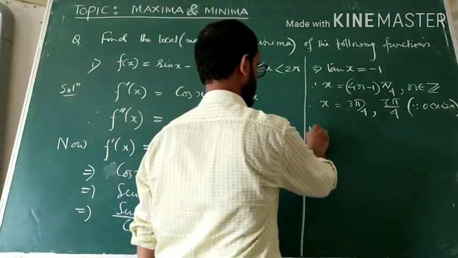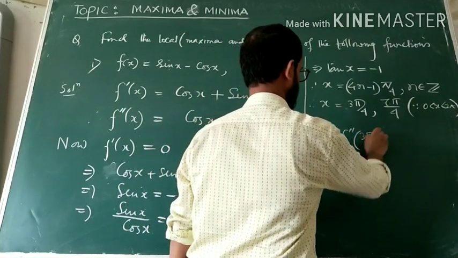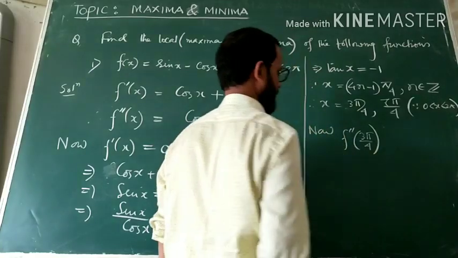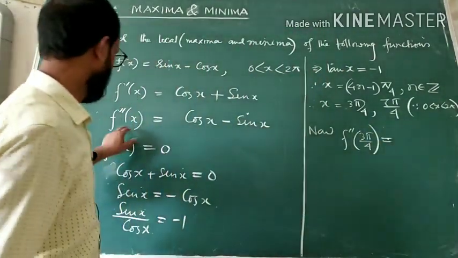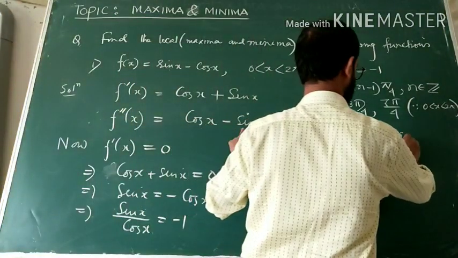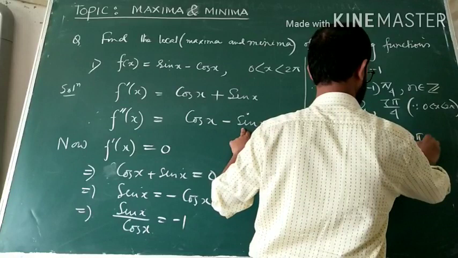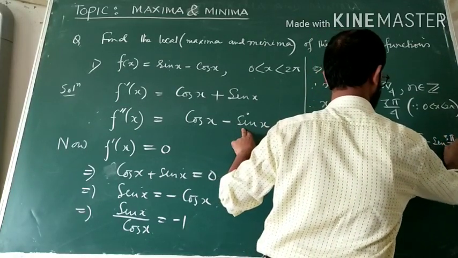Now f double dash at 3 pi by 4. Your f double dash x is cos x minus sin x, so it's cos 3 pi by 4 minus sin 3 pi by 4.